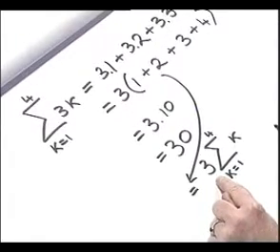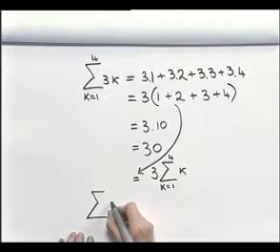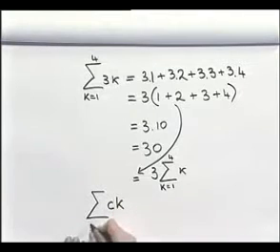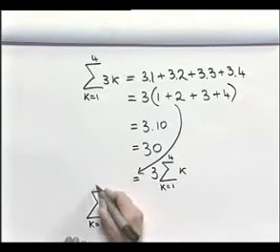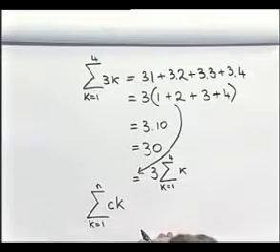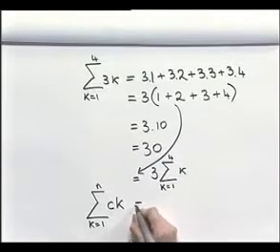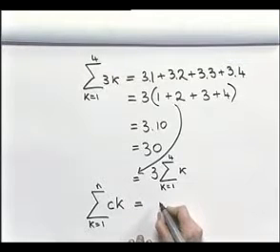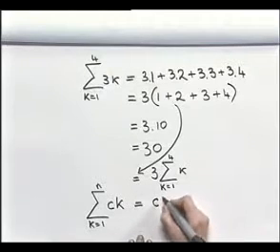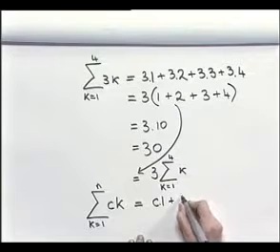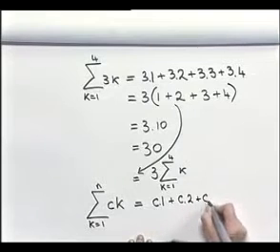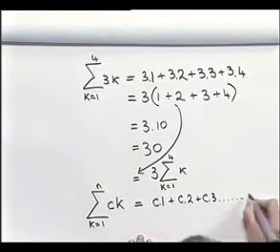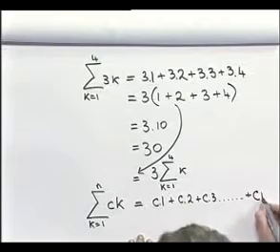So more generally, if we've got the sigma of ck from k equals 1 to n, what will that equal? Well, quite easy. We see that that is c times 1 plus c times 2 plus c times 3 right up to c times n.